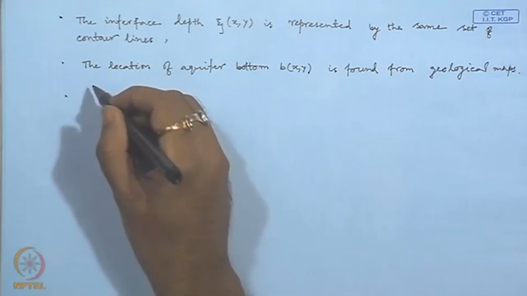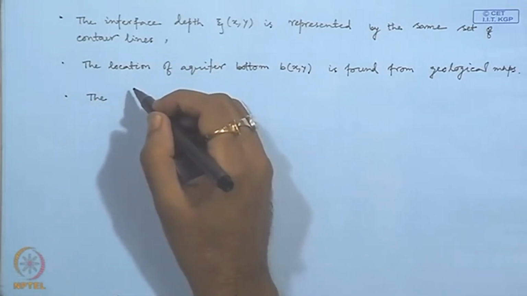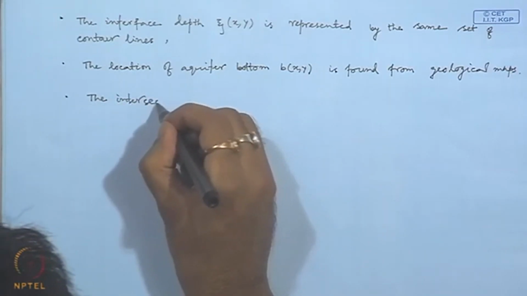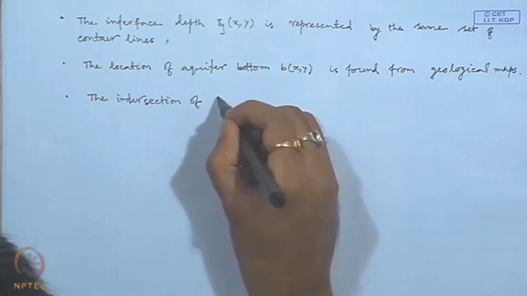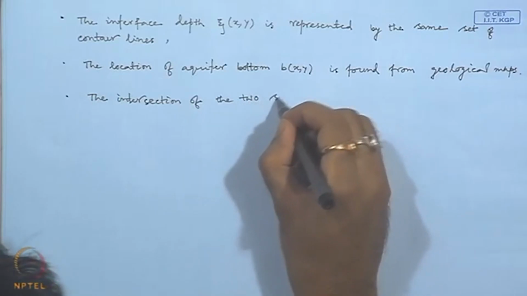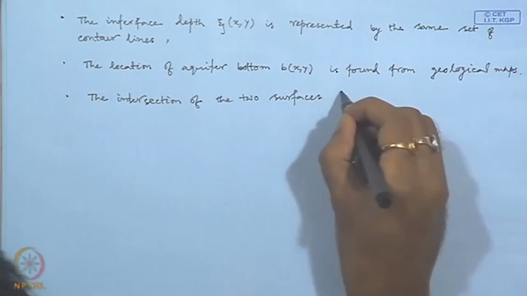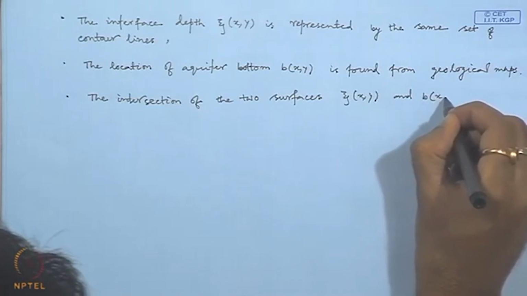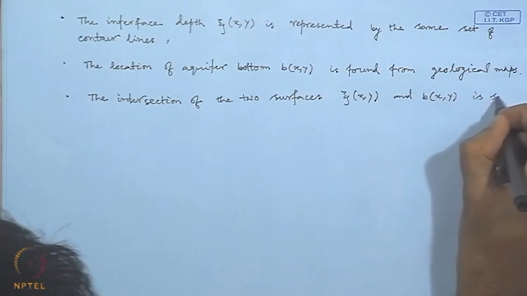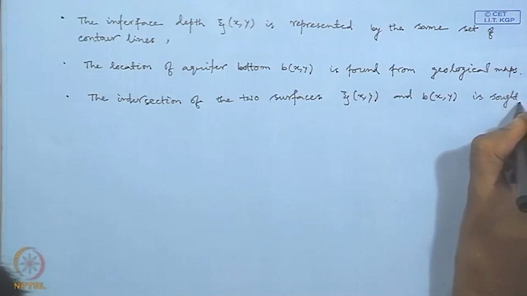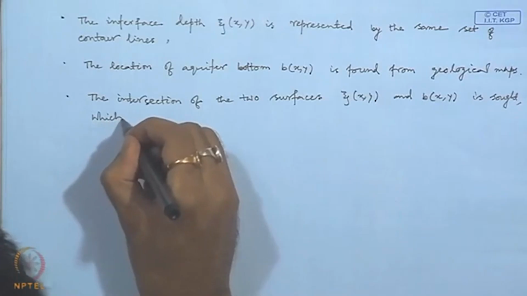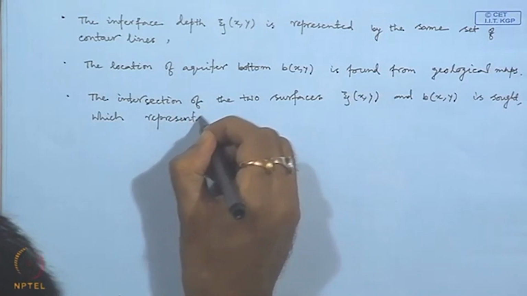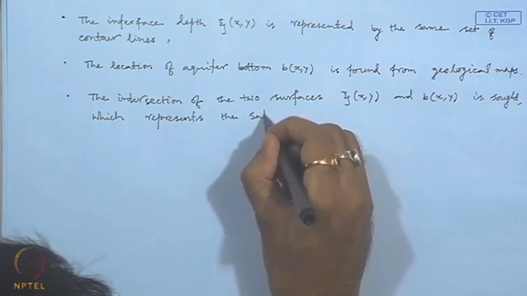And the final one, the intersection of these two surfaces, xi x y and b x y, is sought, which represents the saltwater toe location.